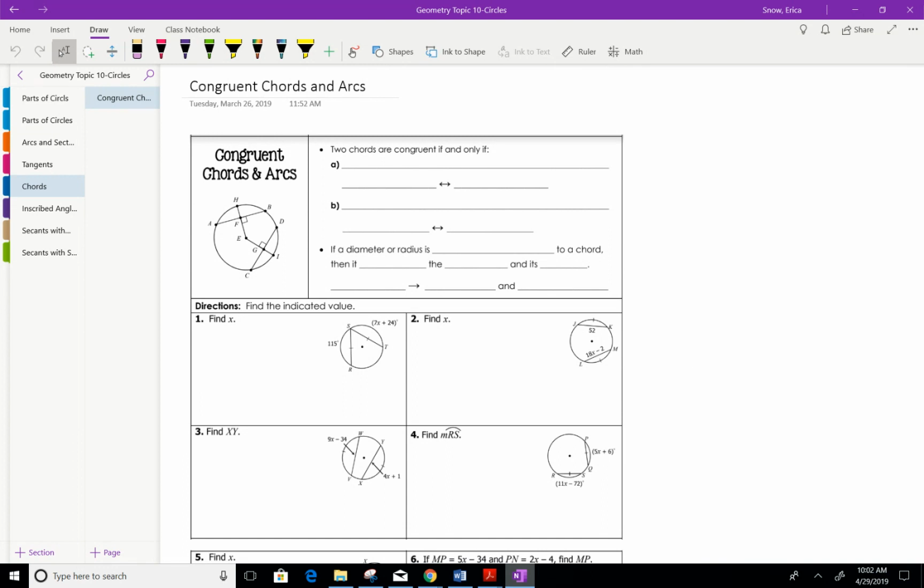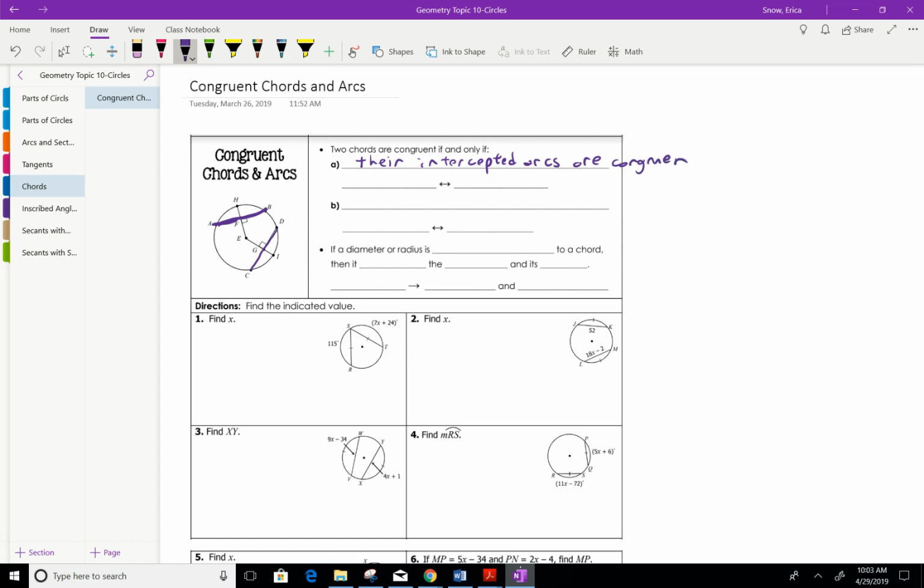So we're talking about congruent chords and arcs today. Remember, a chord is a segment that just cuts across a circle. It doesn't necessarily go through the center, but it touches the circle in 2 places. We can say that 2 chords are congruent if and only if their intercepting arcs are congruent.